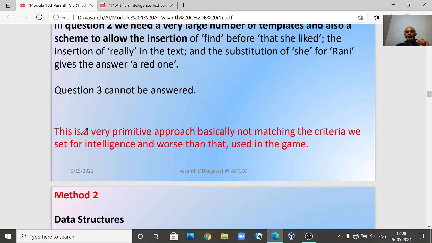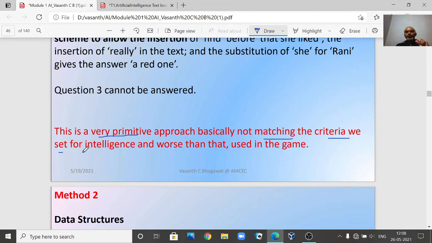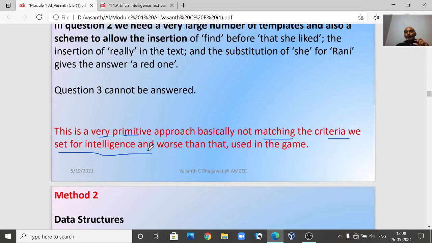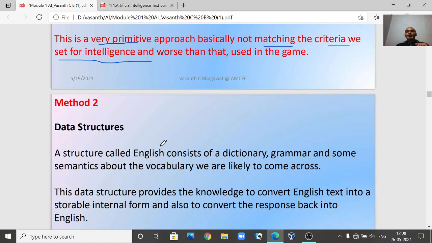Even though this is a very simple, primitive approach, it is not matching the criteria where we are saying the test for intelligence. When we say intelligence, like in games, in tic-tac-toe, how to block an opponent, this type of intelligence we are not using in this particular approach.